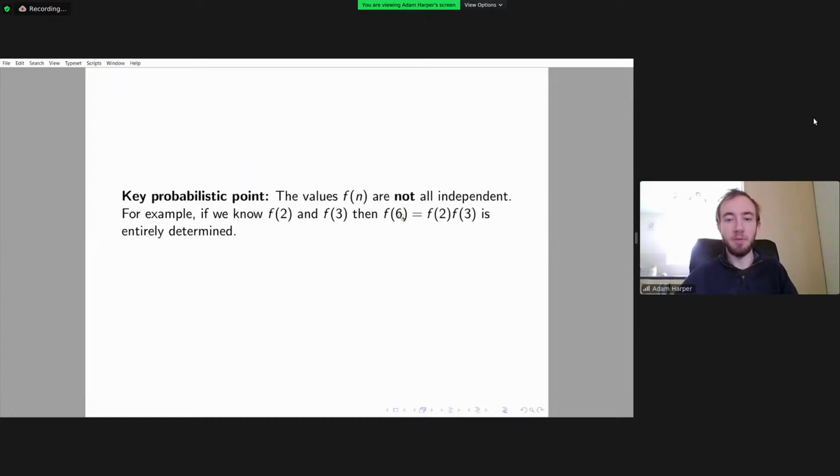So for example, f of 6 is just equal to f of 2 times f of 3 by definition. So if we know f of 2 and we know f of 3, we exactly know f of 6. So this sequence of random variables f of n, they're not all independent. And that means that classical probabilistic techniques will not tell us very much about the behavior of f of n, at least applied in the standard way.